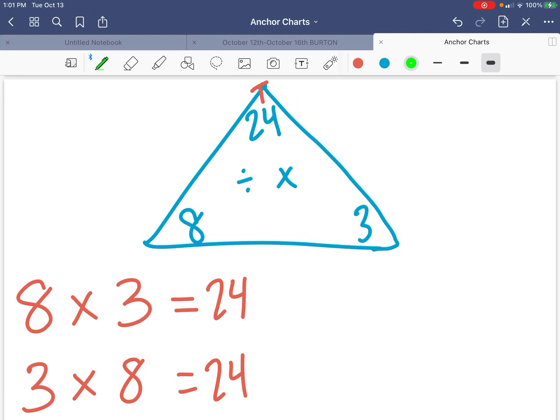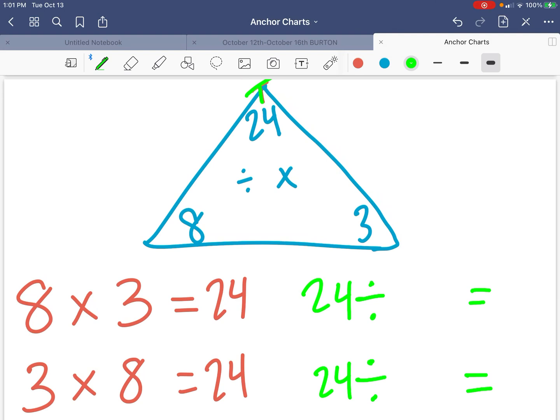Next, I want to come up with some facts to divide with. I can always remember that the total in a division problem always comes first, no ifs, ands, or buts about it.